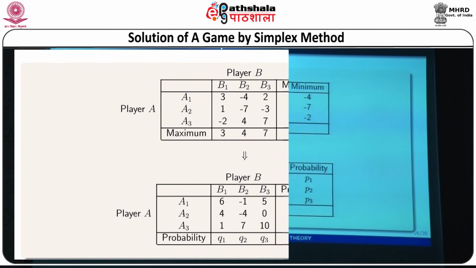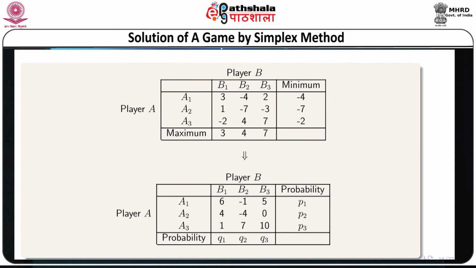Then the revised payoff matrix is given in the first table of the slide, and since we have to consider the mixed strategies for player A as well as for player B, we assume probabilities P1, P2, P3 for the strategies A1, A2, A3 of player A, and probabilities Q1, Q2, Q3 for the strategies B1, B2 and B3 respectively for player B.